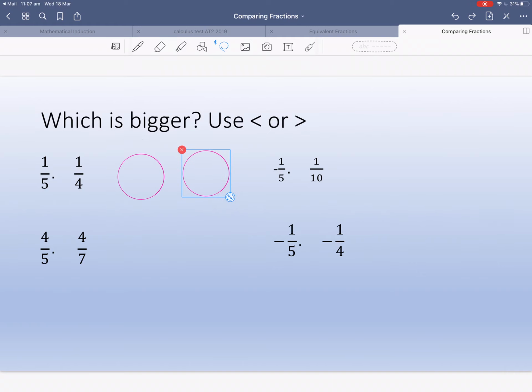Here are two circles that are exactly the same. I'm going to split them up, the first one into fifths. The second one's a quarter, so that's really easy, that's into quarters. The one into fifths is going to be a bit trickier, but let's see how we go.